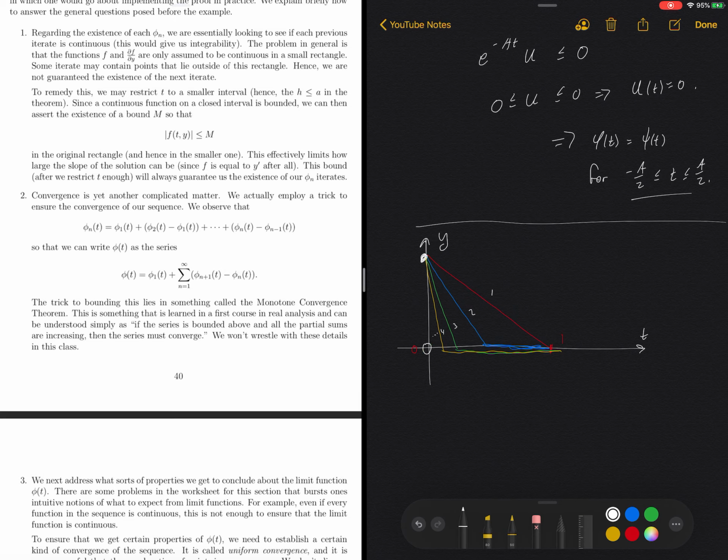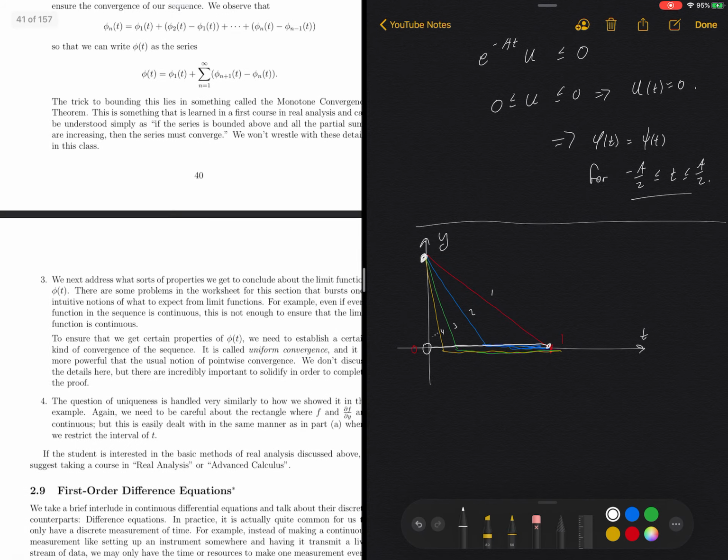The point is that these, if I number them 1, 2, 3, and 4, I can continue that sequence of functions, all of which are continuous, but the limiting function is a delta spike. So this is actually a discontinuous limit. So even if we wind up with a sequence of continuous functions, the limiting function need not be continuous.